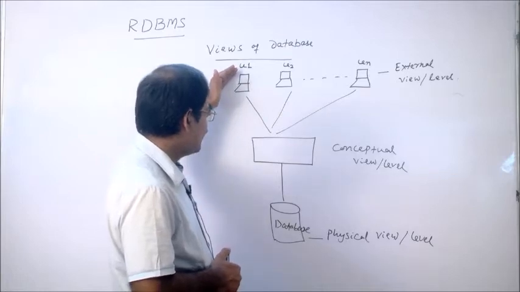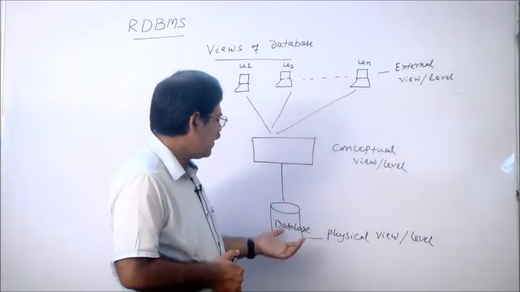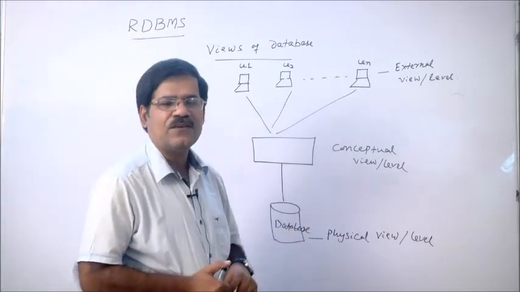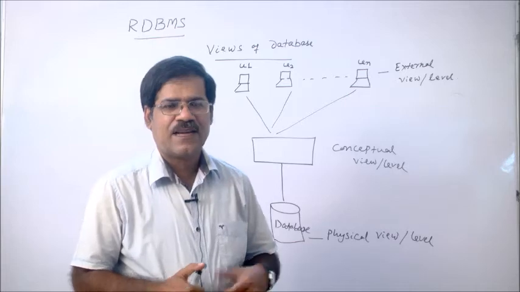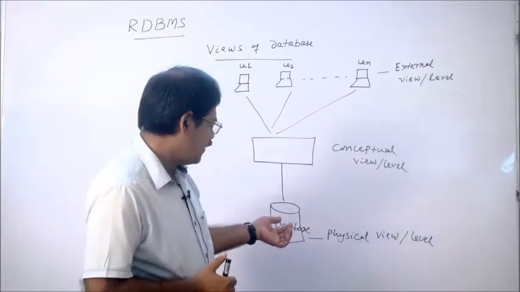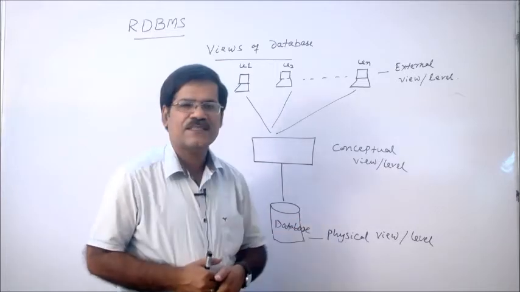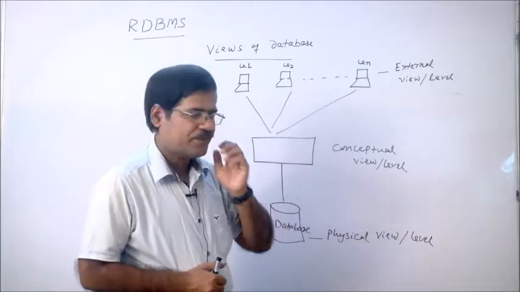This is the client. The user's machine is called the client machine, and where the database is, that is called the server machine. Both are computers, but the server machine is more powerful as compared to the client machine.